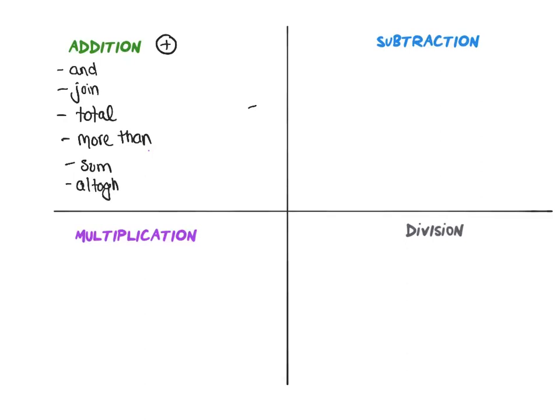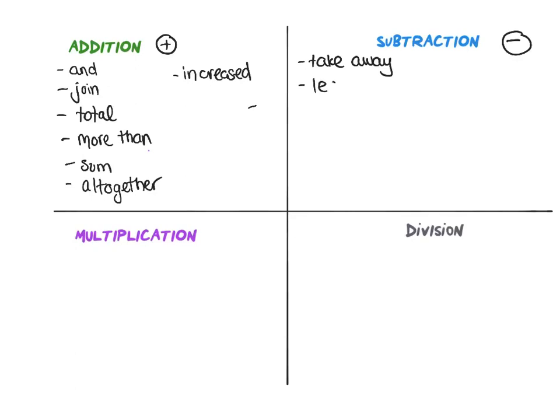Altogether gives, so you know, and you might see the words increased by, so that you're adding. Okay, so here's some more for subtraction. They could use the words take away. So 3 was taken away from x, or less than.